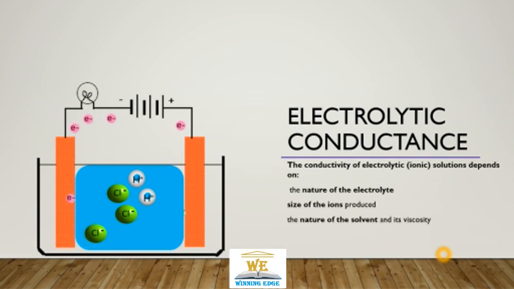Now, the nature of solvents we discussed. Next is the concentration of the electrolytes. Concentration has an effect on the movement or ionization of electrolytes.